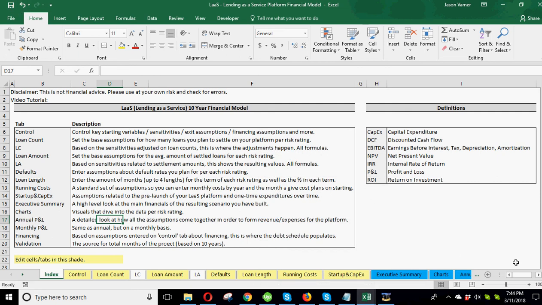I've been in the ringer here trying to figure out how to make a lending as a service platform financial model for someone or a group that wants to have a cashless lending platform.